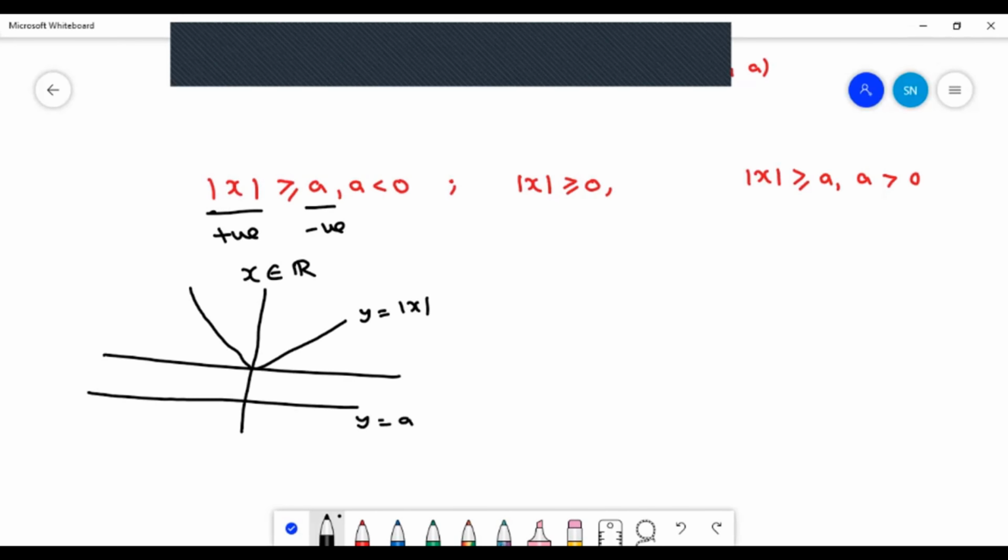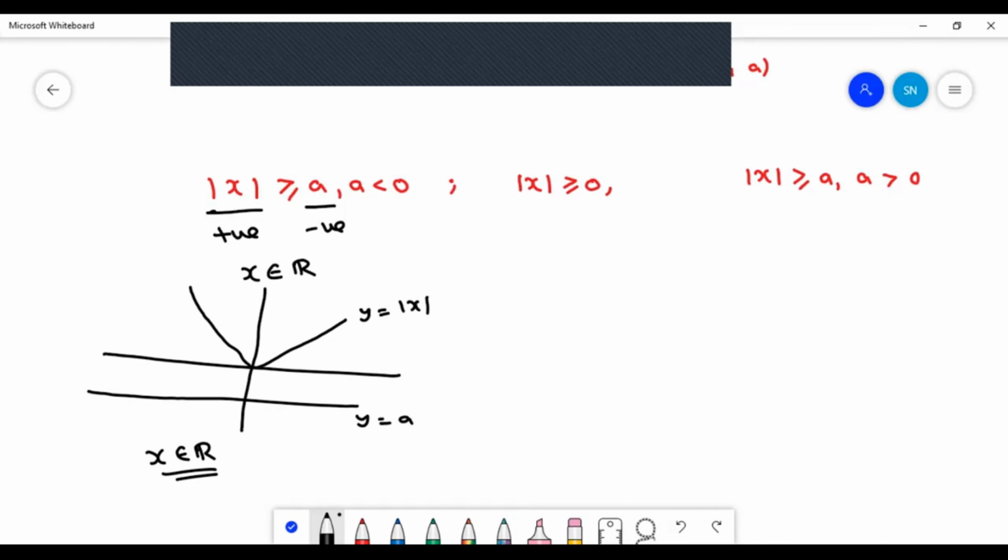That means the values of x at which modulus of x is lying above the graph of y equal to a. For every value, mod x is above y equal to a. So the solution is x belongs to R. These are the two ways we can understand it.